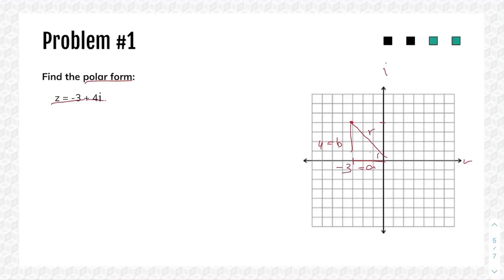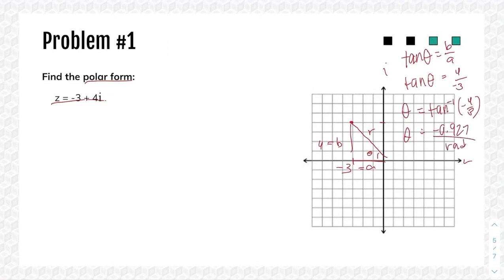So let's quickly find theta. We know that theta can be found using tan. So if we find the tan value, which we know is b over a, in our case, it's going to be 4 over -3. And let's use arctan. So theta is equal to arctan of -4 over 3, giving us theta is equal to -0.927 radians.